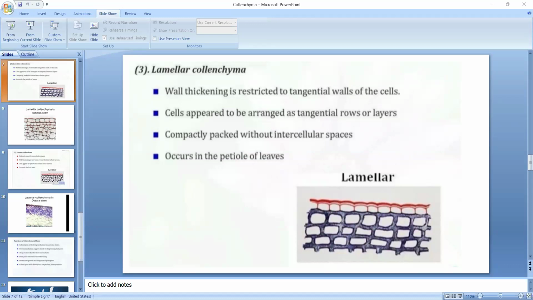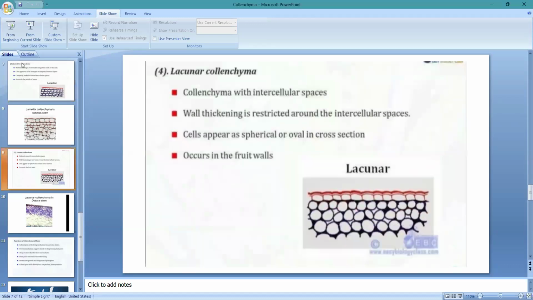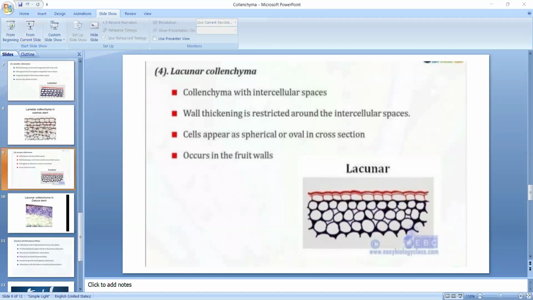Okay, coming to the third one, lacunar collenchyma. The wall material is deposited on the walls around the intercellular spaces. Where intercellular spaces are there, wall material is deposited on the walls around them.